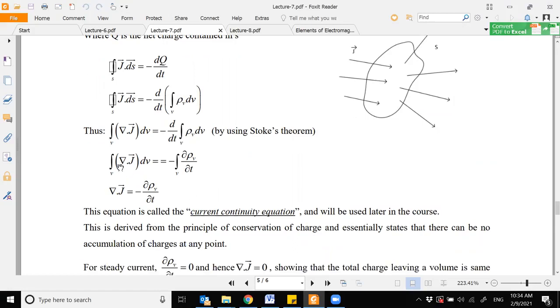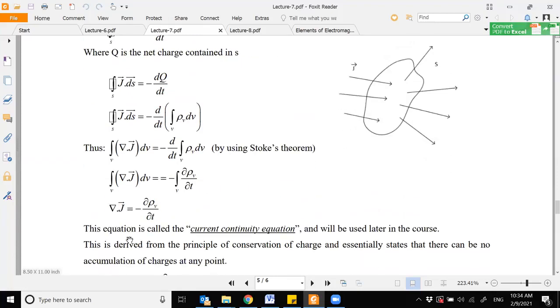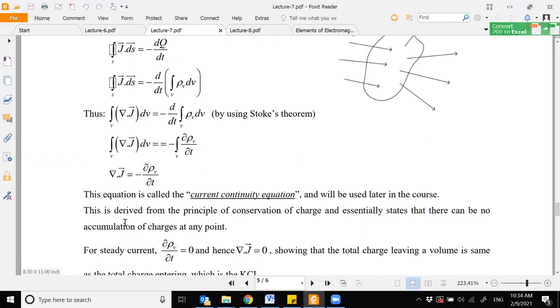If I equate the integrands, del dot J bar is minus dou rho v over dou t. This is called the current continuity equation.